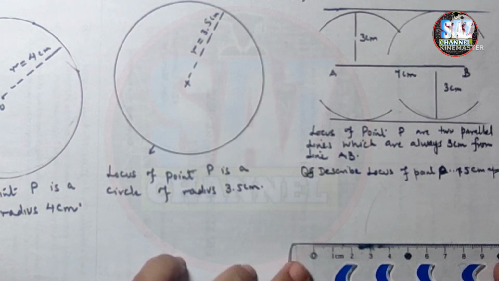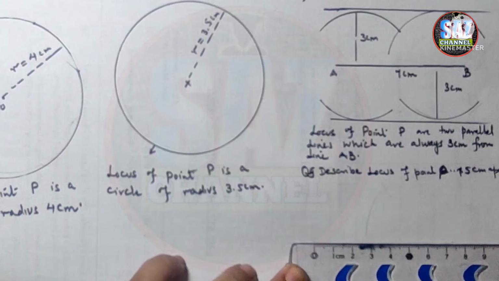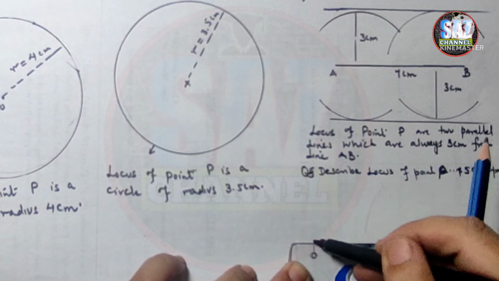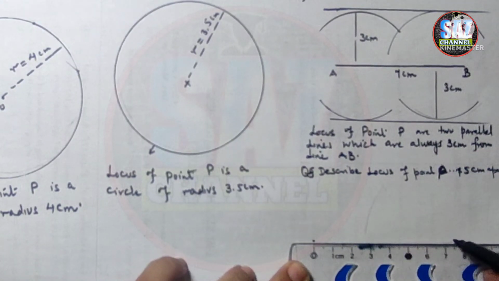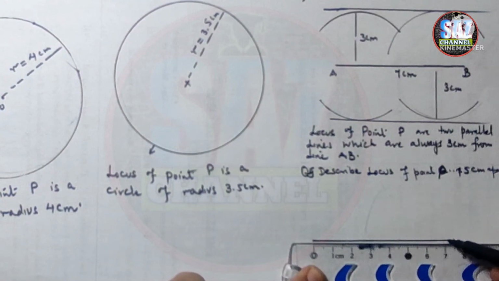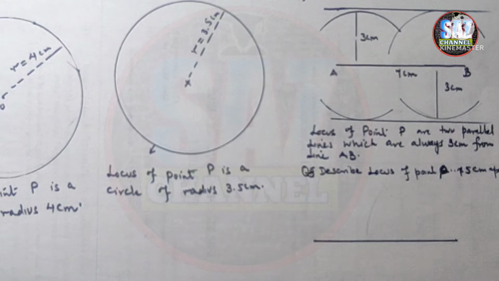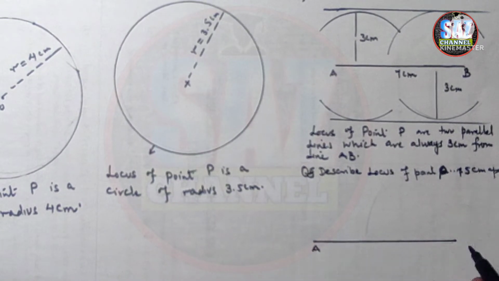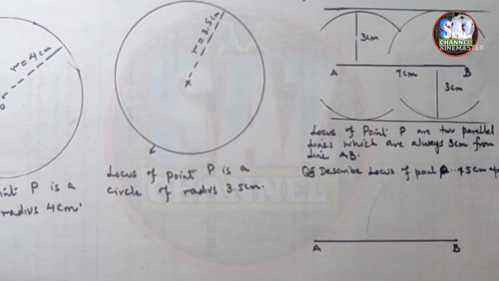So, this will come like this, A, and this is 7.5, and I have to mark the points A and B, 7.5 centimeter apart. I will write the length later. First let me construct the perpendicular bisector, and recall my previous lesson on the procedure for the construction of perpendicular bisector.